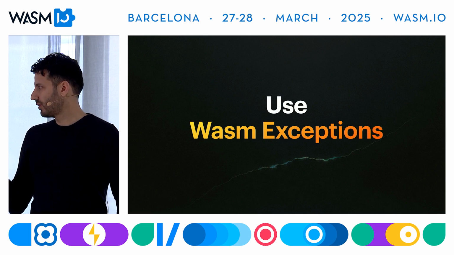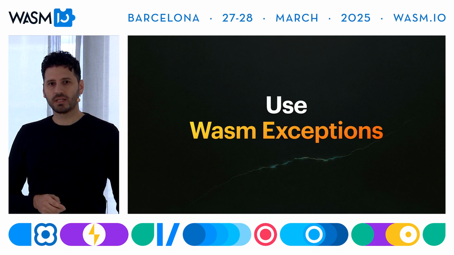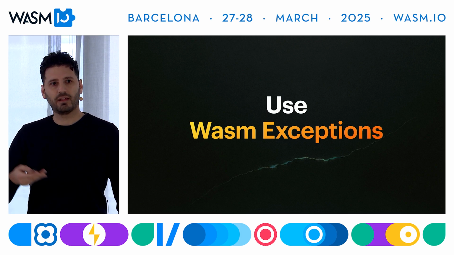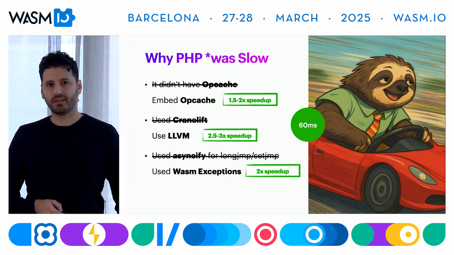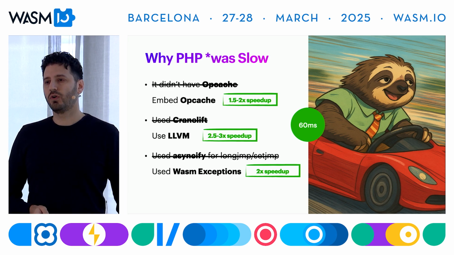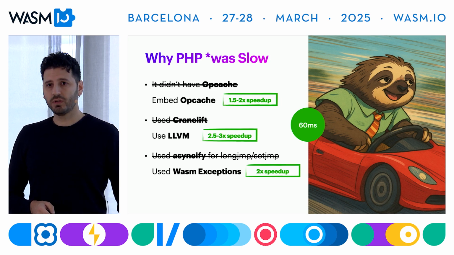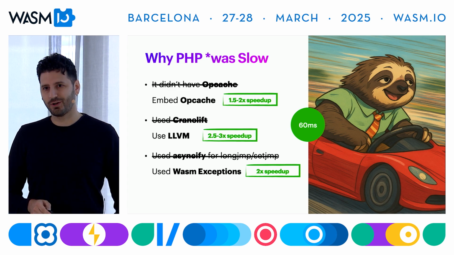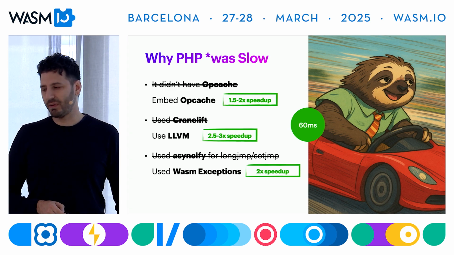And as Edo is going to present in just 1 or 2 slides, basically we are going to see how they have zero cost and so on. So by having WebAssembly exceptions, we bring down the time about 2x. So we ended with a 60 millisecond response time for WordPress, which is quite fast. Here we can see our sloth is now in a Ferrari, very happy about this new path.